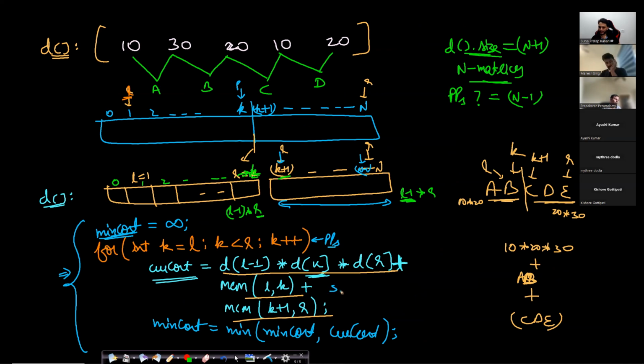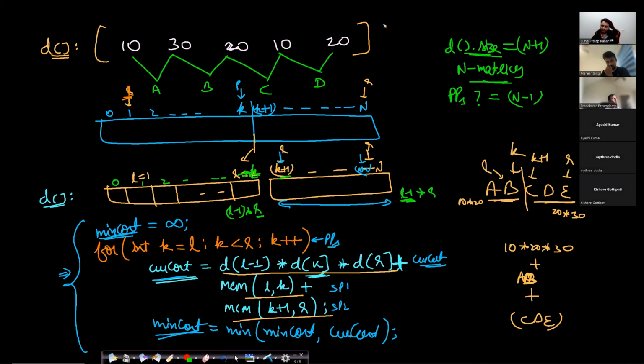This is sub problem 1, this is sub problem 2, and this is the current cost of multiplication. So this should be termed as total cost, not just current cost. And this is the overall minimum cost of the given sub problem. Are we good?